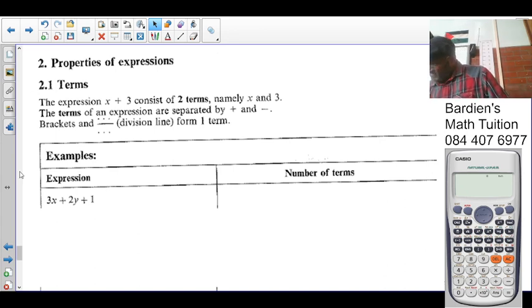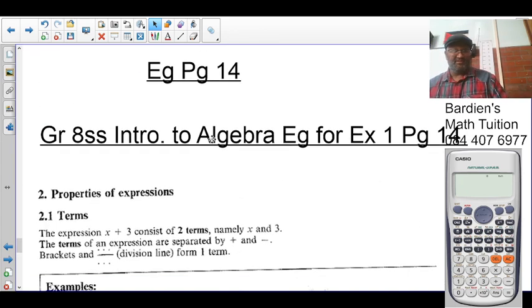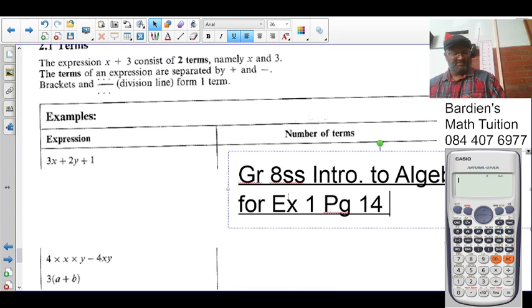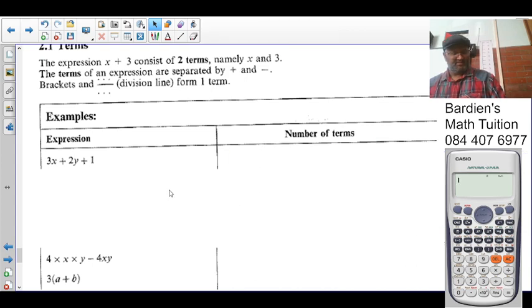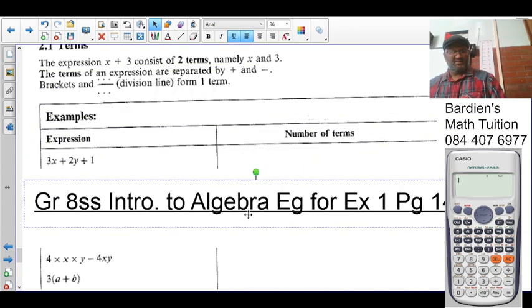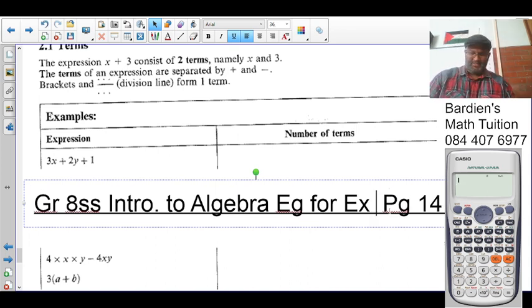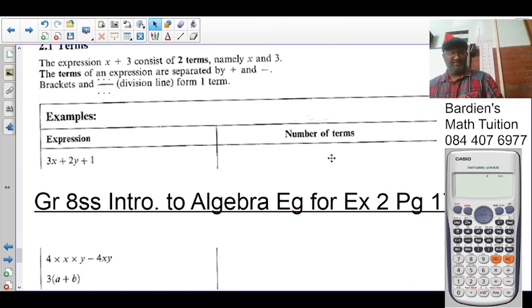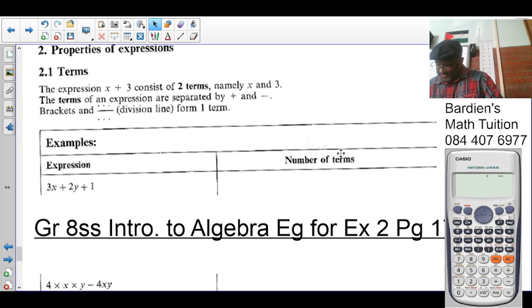This is for example exercise 2. Exercise 2 is on page 17. The examples are on page 16.